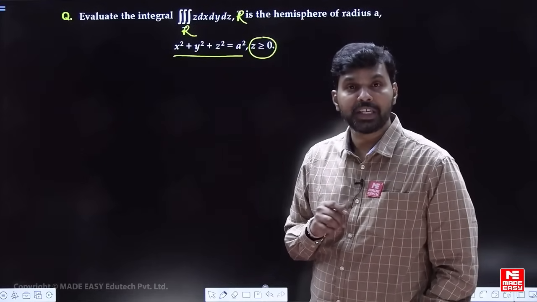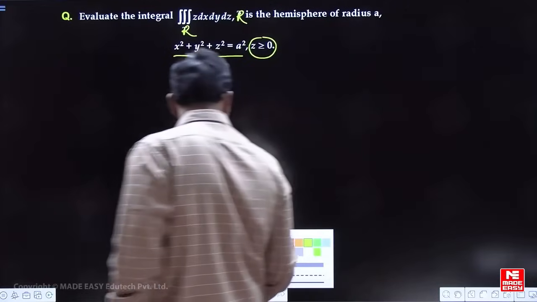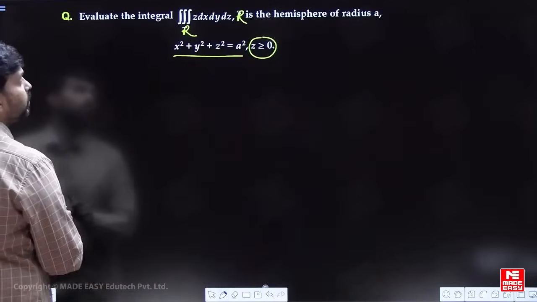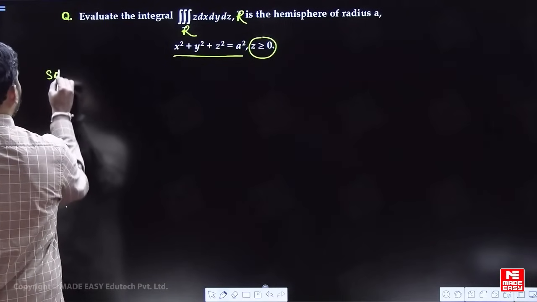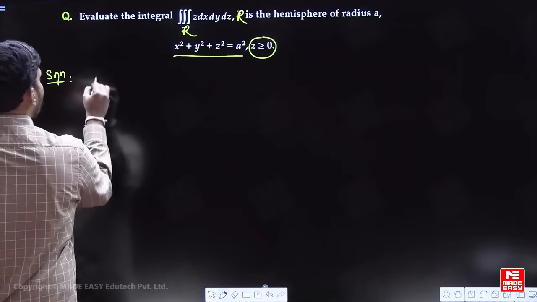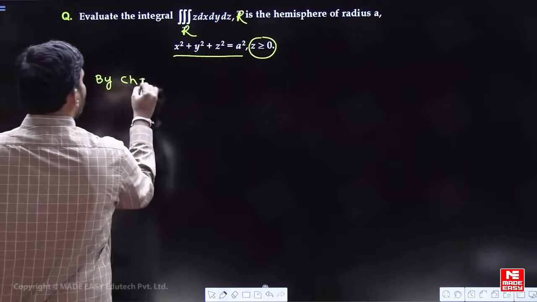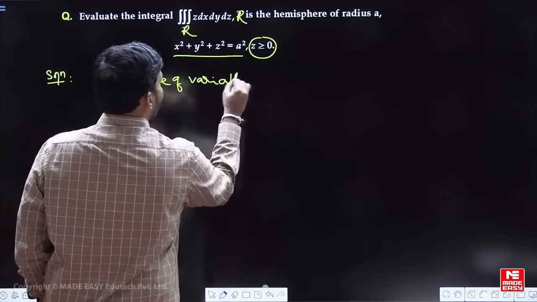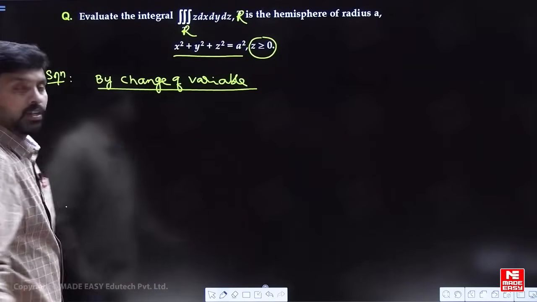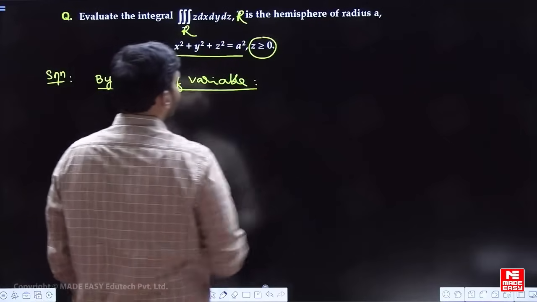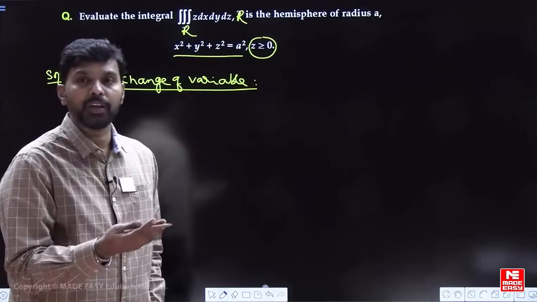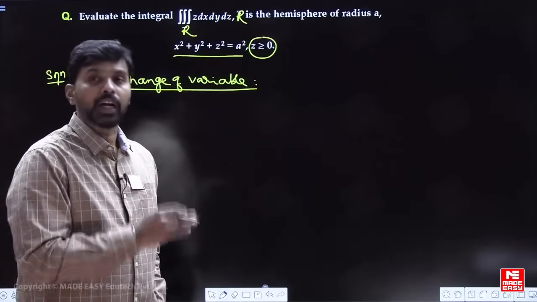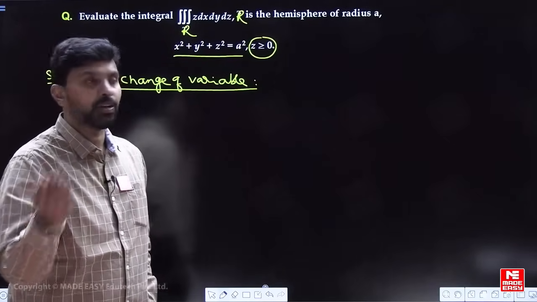Okay, so let's do this. By the concept of change of variables here, which transformation is happening? We have to transform the Cartesian coordinates into spherical coordinates.